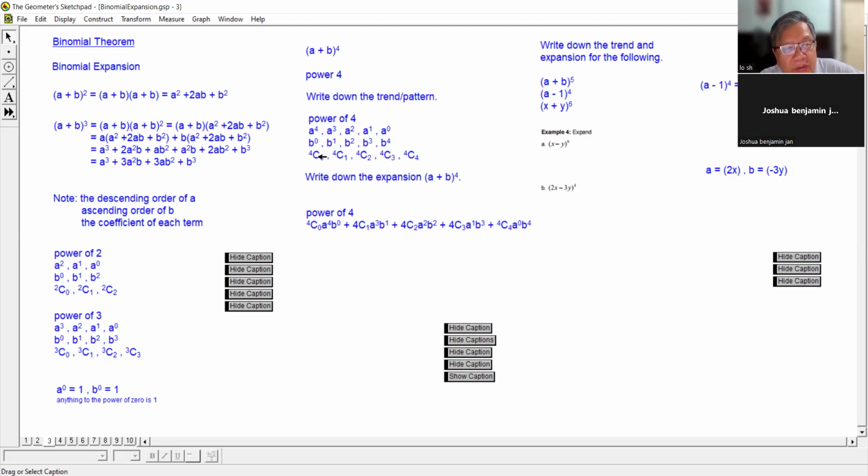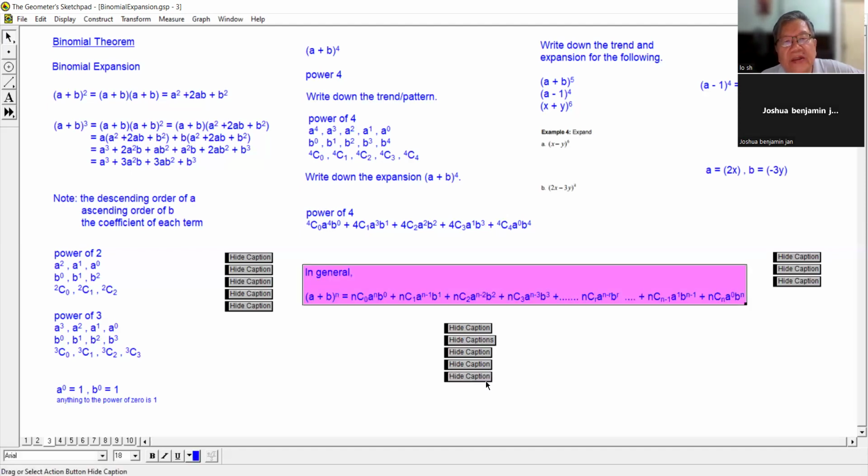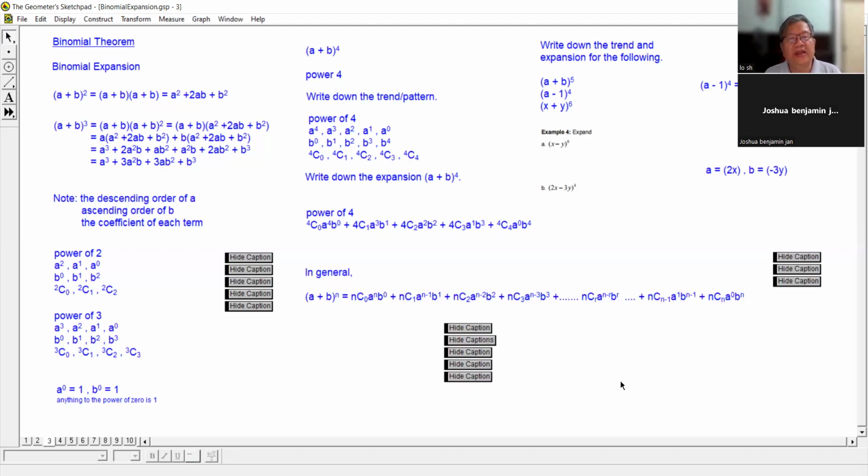Then later on, you group this together to form the first term, then you group this together to form the second term. Well, actually, you don't have to do it this way. There is a general pattern that we can see.